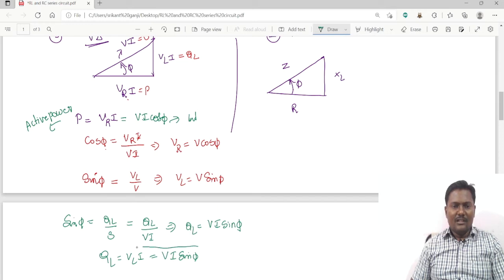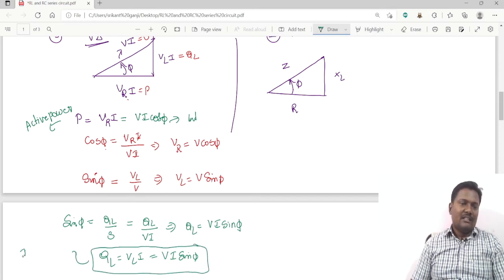So this power is called the reactive power, the inductive reactive power, and the other one is called the active power.